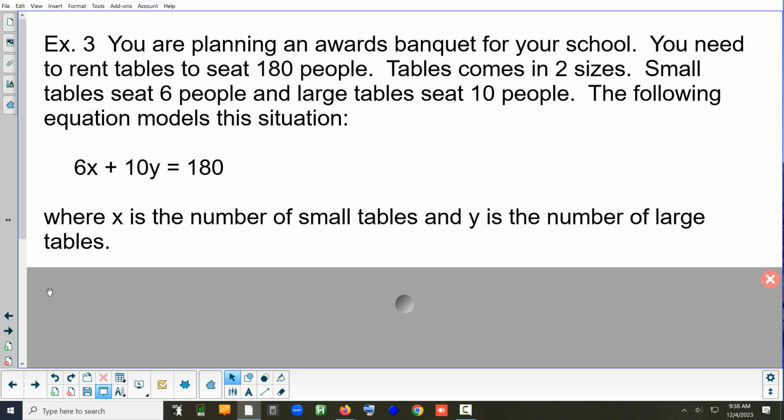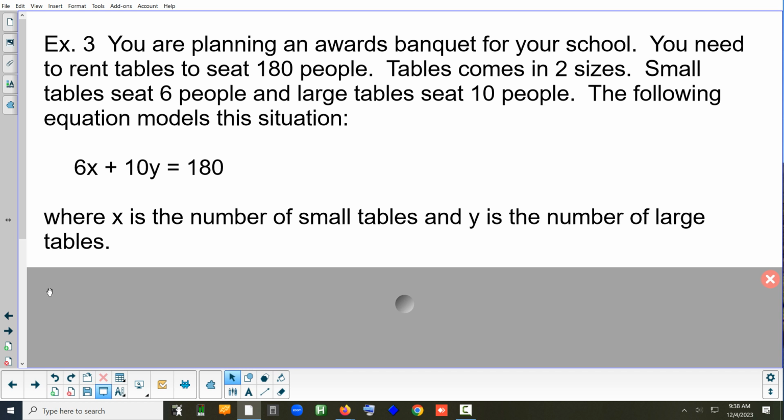I picked the letters X and Y. You could have done S for small table and L for large table, but I think it's easier to use X and Y because that's what we've been using. So X is the number of small tables that you're going to rent, and Y is the number of large tables that you're going to use.